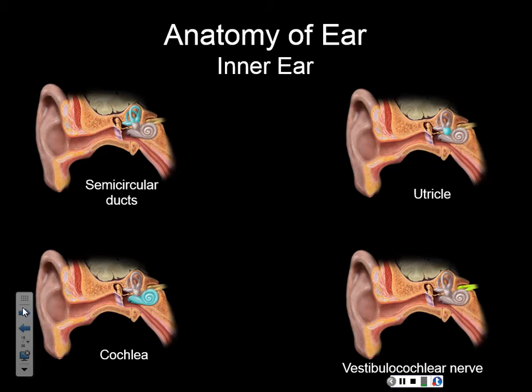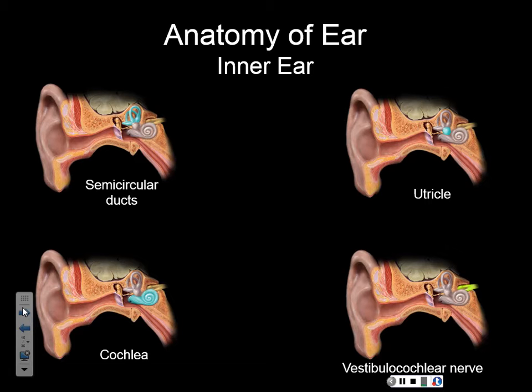The hair cells in the utricle are oriented horizontal to the base of the head, and the hair cells in the saccule are oriented vertical, perpendicular to the base of the head, like that, okay? Because this is detecting the position of the head due to gravity. So when you're like this, one of those hair cells is going to be agitated. When you're like that, you know what I'm saying? It's going to change shape. So you get two kinds of hair cells called maculae, and we'll talk about that in a little bit.